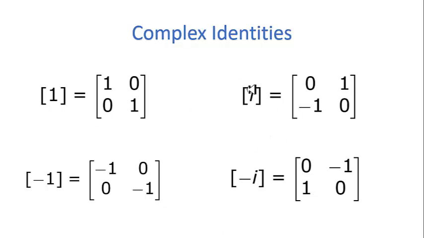Positive i has a 1 in the upper right-hand corner and a -1 in the lower left-hand corner, and -i is the opposite, where you have -1 here and +1 here. These are the four identities of the complex numbers.